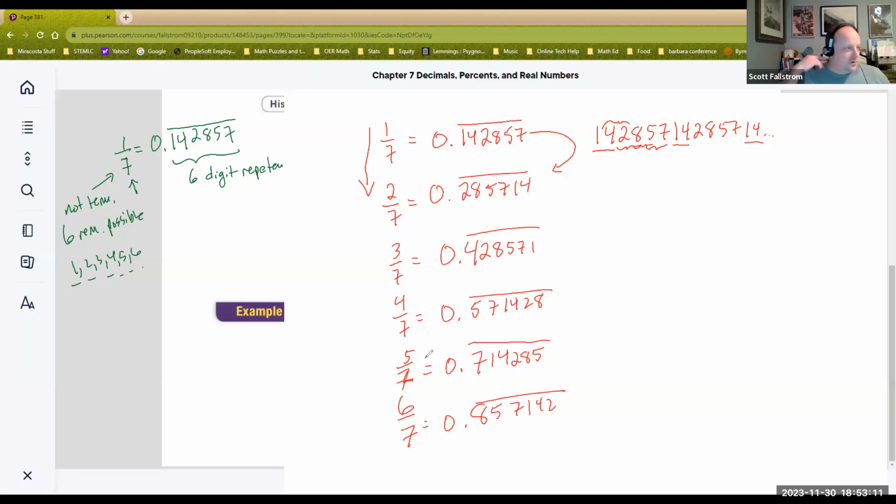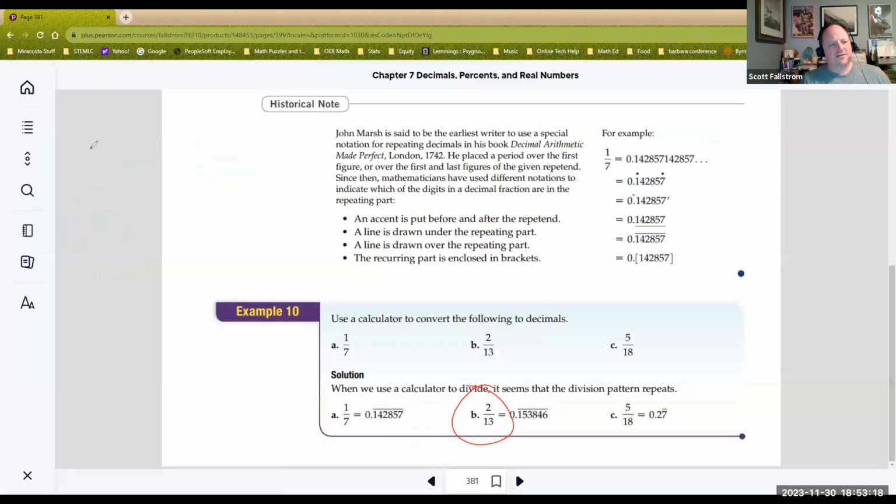Now, the other case we had in class was, let me clear all these off, the 13ths. And we got to see that 2 thirteenths was 0.153846 repeating. Now that's great, but I need you to take a look.